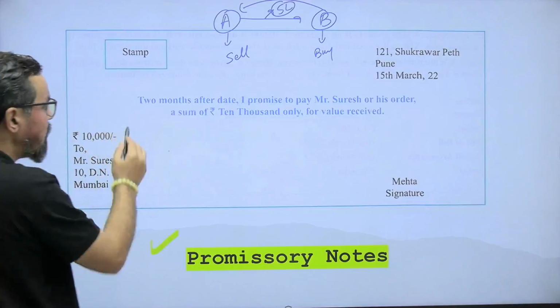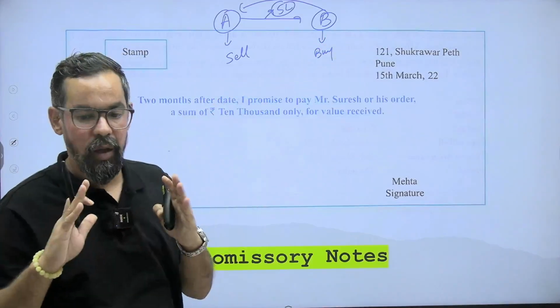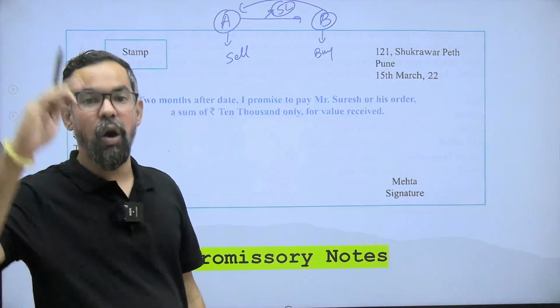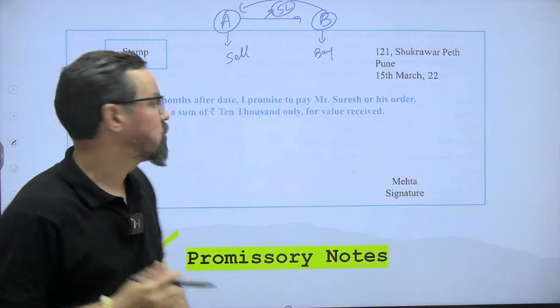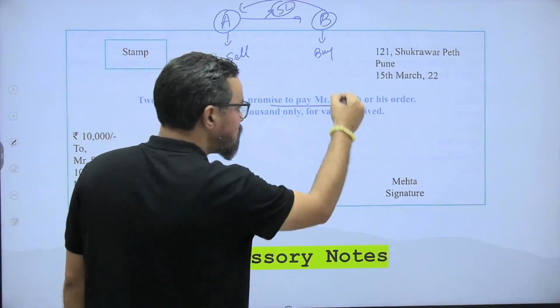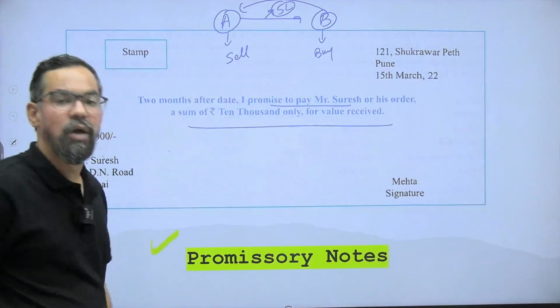Like in this particular case, B will issue or give a written promise: I promise to pay you or your order rupees 5 lakh for value received. Okay? So, 2 months later, I promise to pay Mr. Sushil or his order a sum of 10,000 only for the value received.